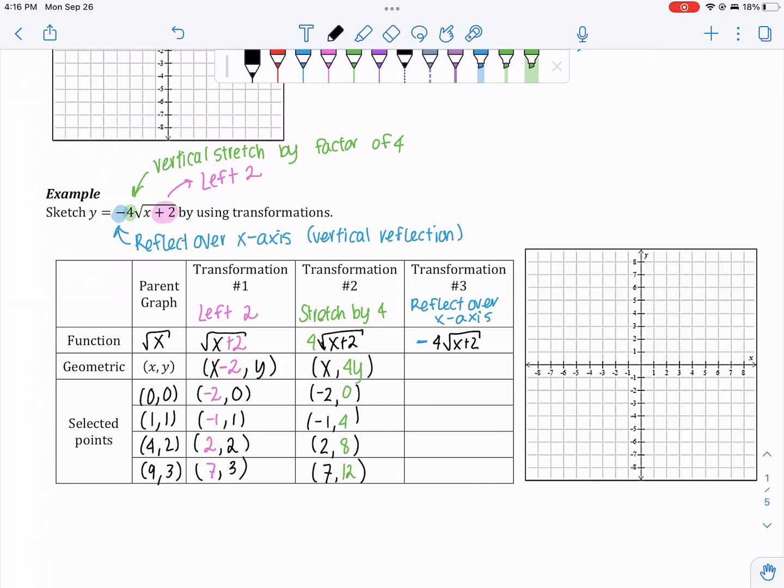Reflecting over the x-axis changes the sign on the y value. So our x value will stay the same. We're just going to make the y value negative from this previous step.